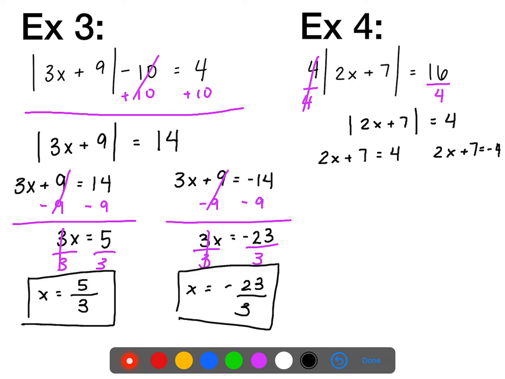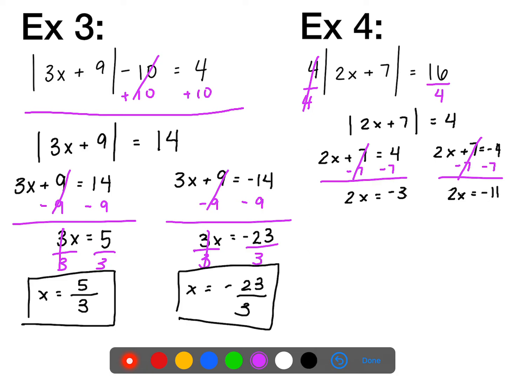Get rid of those 7's, right? So I'm going to subtract 7. You do it over here too. Which is going to leave me with 2x equals negative 3 and 2x equals negative 11.